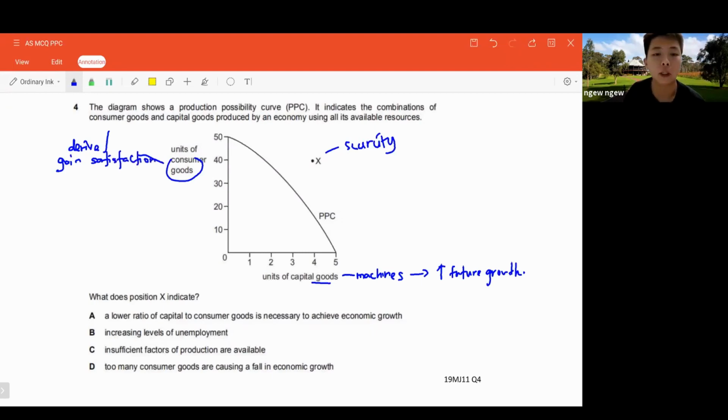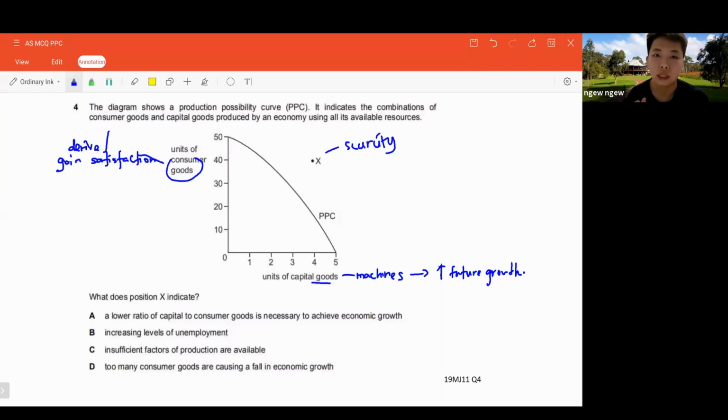So if government choose to produce more consumer goods, meaning that you are satisfying more wants, you are satisfying more consumers, and then deriving more satisfaction in total in the economy. And guys, if the government choose to produce more capital goods now instead of consumer goods, the benefit will be future growth.